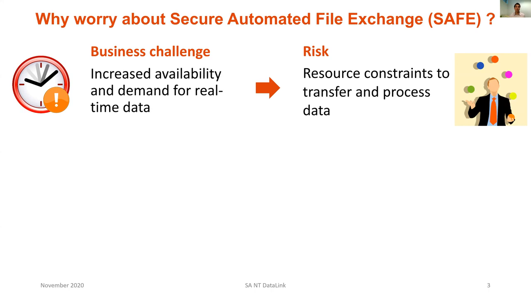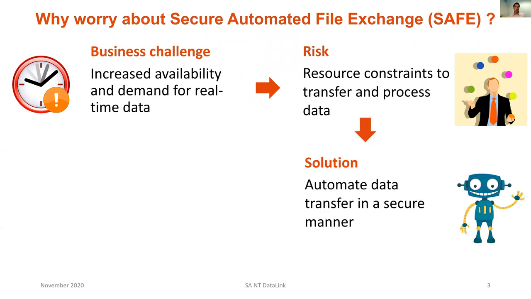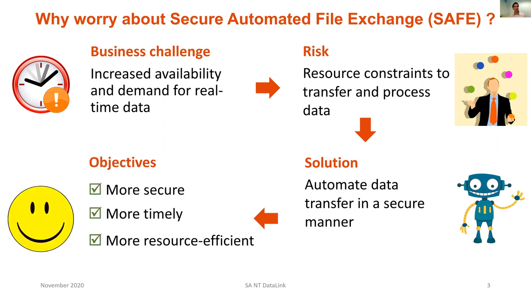This increase in the influx of data can create resource constraints for linkage units, which need to mobilize more staff time for data transfer and processing. The same is true for data custodians who are required to provide data updates more frequently, obviously. One solution is to automate the data transfer with the aims of making data transfer safer, faster, and most importantly, more resource efficient.